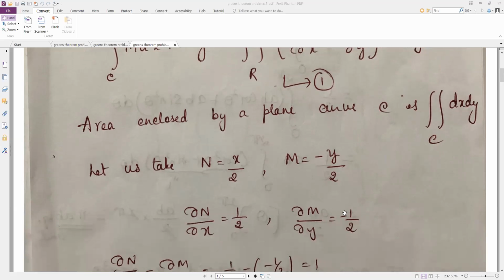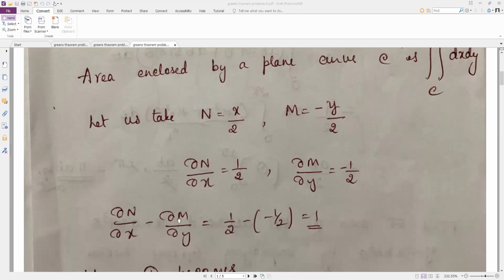Is it half? And what will dou m by dou y be? Is it minus half? Correct? So what will be the difference? The difference will be half minus minus half, equal to 1. That is the reason why we have taken n as x by 2, m as minus y by 2. When we choose n and m in this form, then the partial difference will be 1.